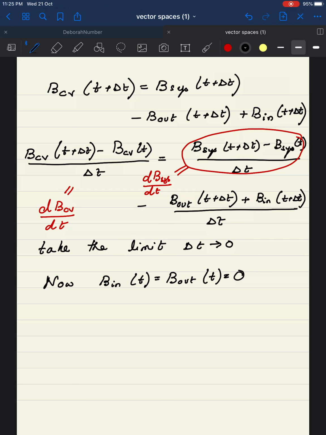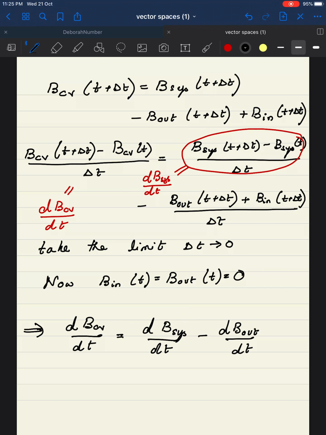So if you add a B out term here and a B in term here, and subtract a term here, then you can convert these into time derivatives as well, and you will end up with dB system by dt minus dB. Okay, nice and simple.